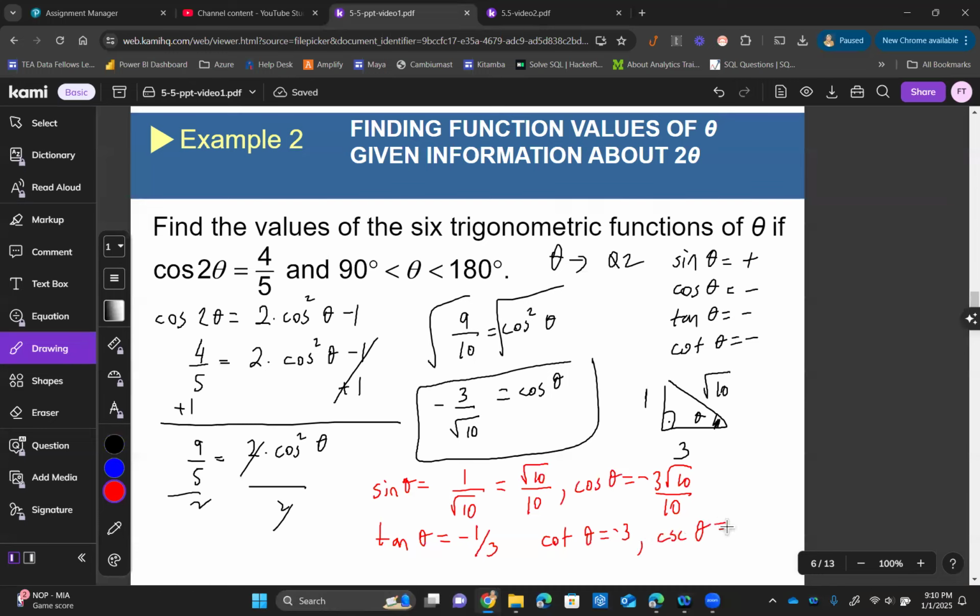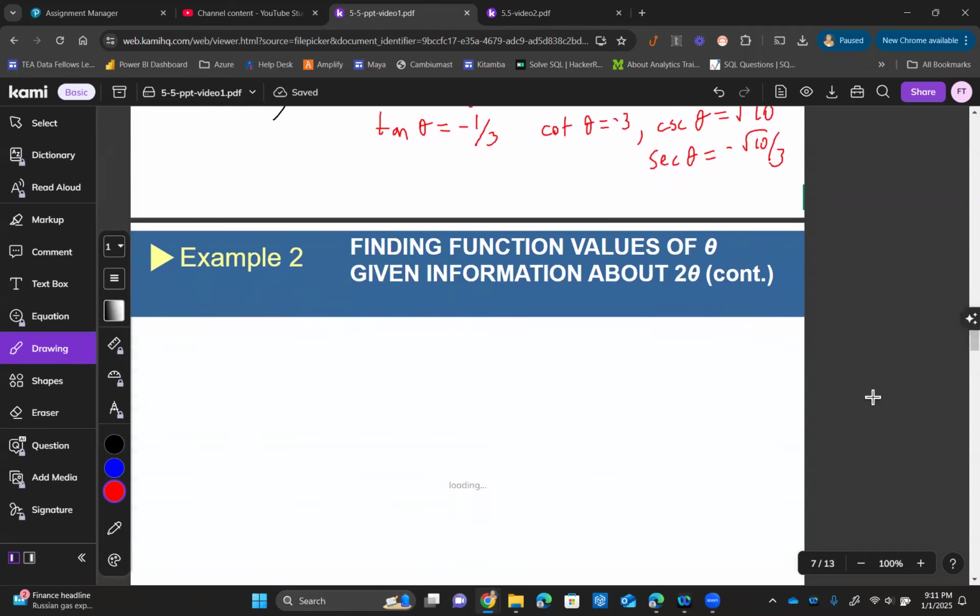Cosecant is always the reciprocal of sine, so if you take the reciprocal of 1 over root 10, you just get root 10, and their signs will always match. And secant of theta will always be the reciprocal of cosine, and this is our cosine. Its reciprocal is negative root 10 over 3, and this is how we find the 6 trigonometric functions for theta using the formulas.